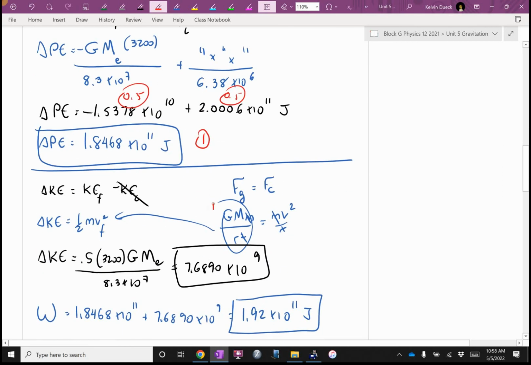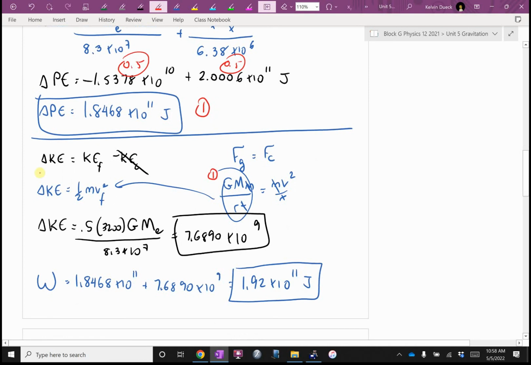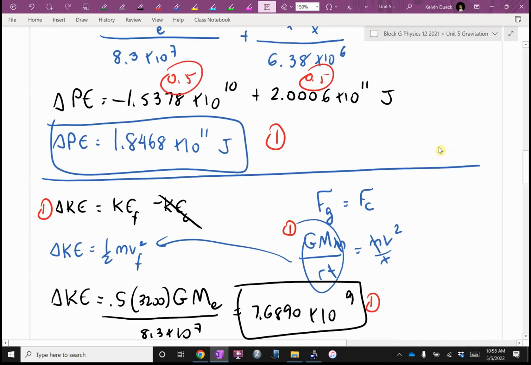You would get 1 mark if somewhere I saw gravity is what's pulling me in a circle. I would give you 1 mark for writing the change in potential. That's 5 marks. I would give you 1 mark for that. That's 6, and then 1 mark for adding them together. That's 7. I think that's right. Something like that. It's a lot of work. Pun both intended but not. It's a lot of work.